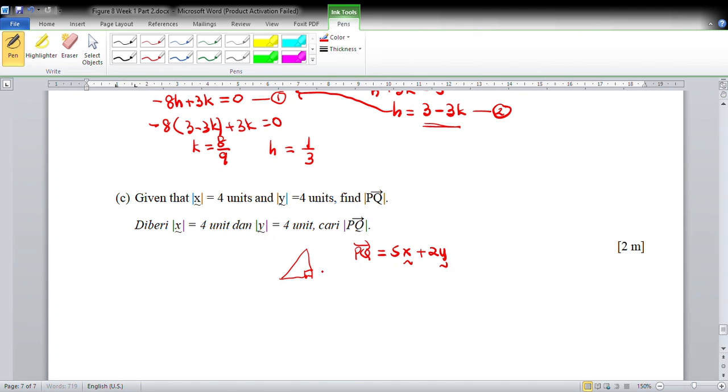So here your x is 4 units, right? And your y is 4 units also, right? So when you want to find the length of PQ, it is square root of, okay, 5x, x is 4, squared, plus 2 times 4, this is your y. Use your calculator and this is your final answer.